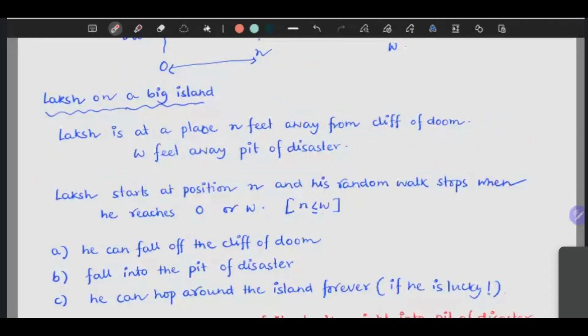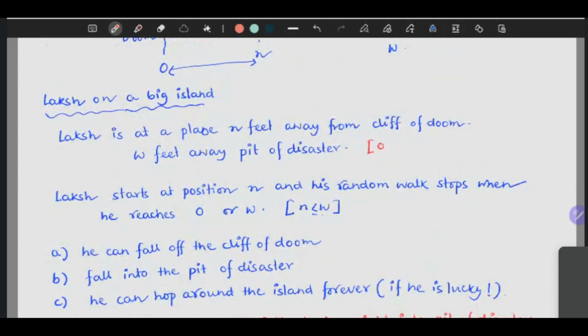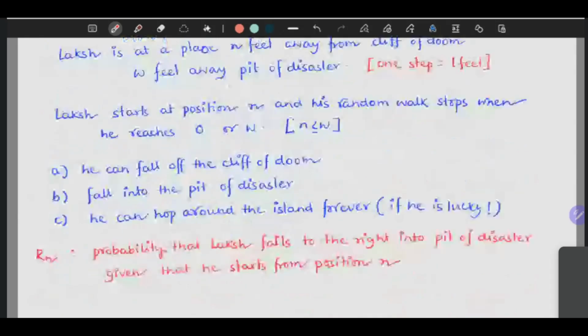Let's say he can take one step equal to 1 foot, and W is very large.